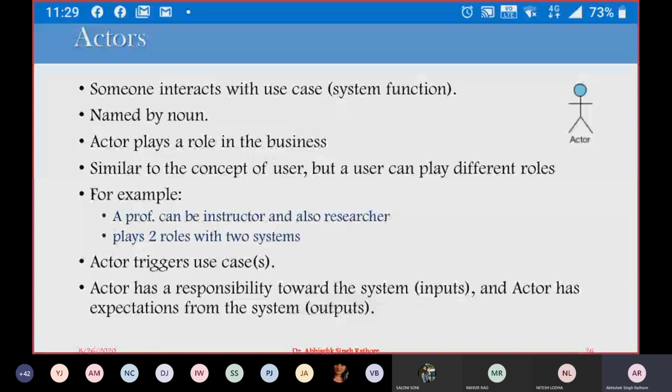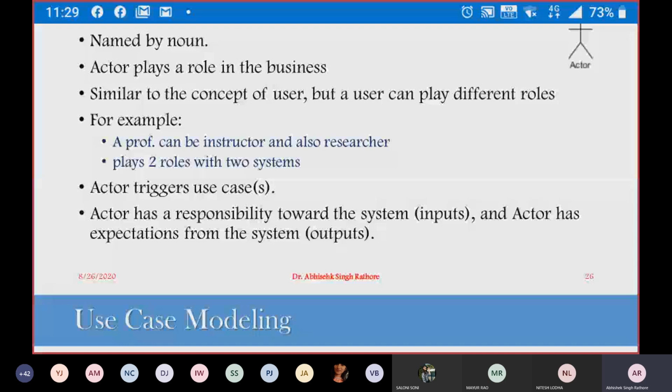It provides the input to your system and gets the output from your system. So this is the input and output of your system to and from the actor.